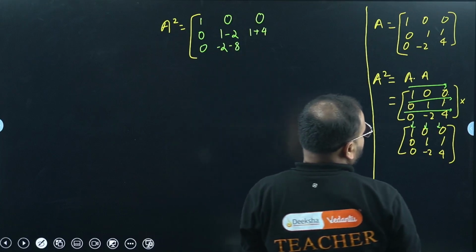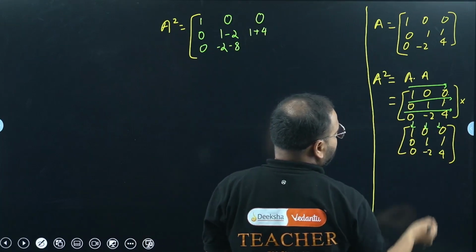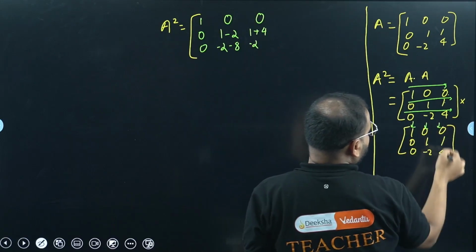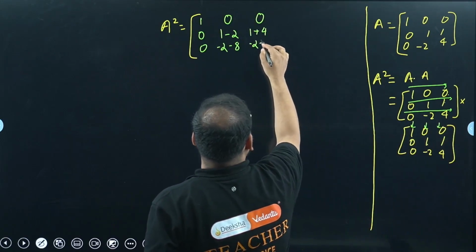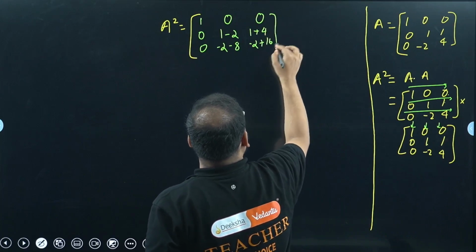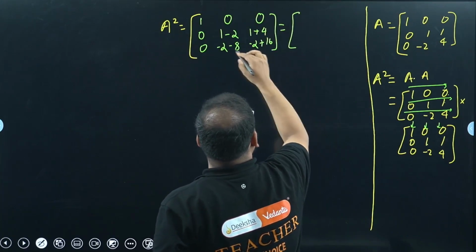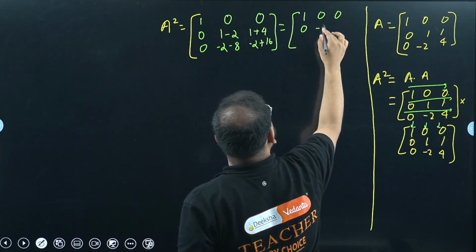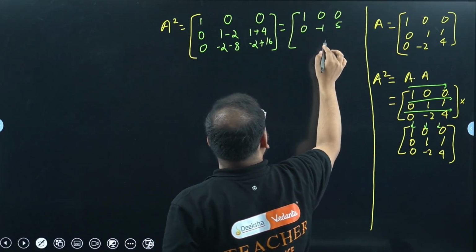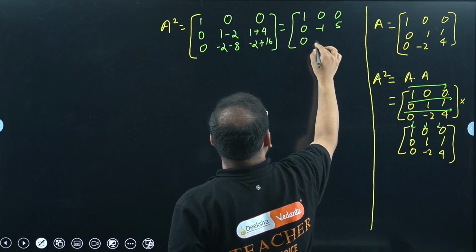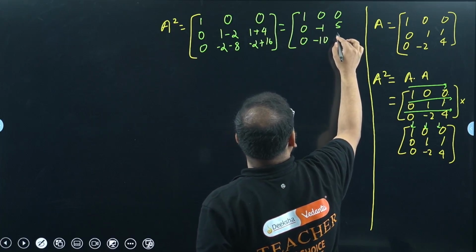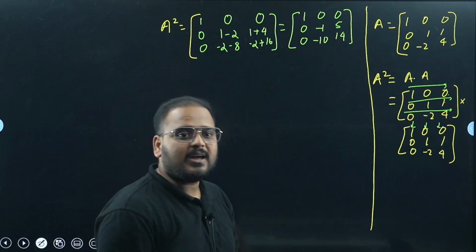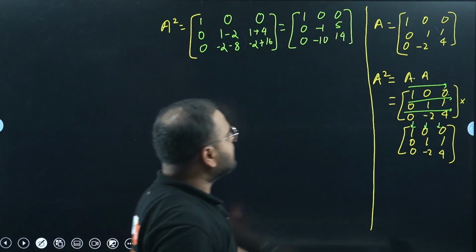Now the last one: 0 with 0 is 0, minus 2 with 1, so minus 2, and 4 with 4 is 16, so plus 16. So what will this look like? I'll have 1, 0, 0; 0, minus 1, 5; 0, minus 10, and plus 14. This is my A square. I hope this is clear. Okay, just do the simple.